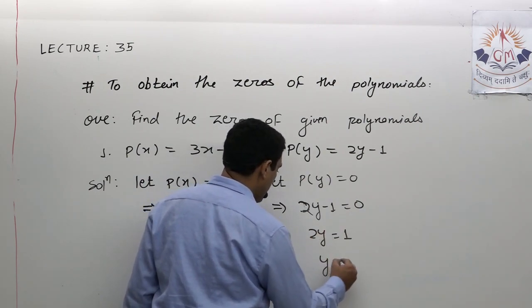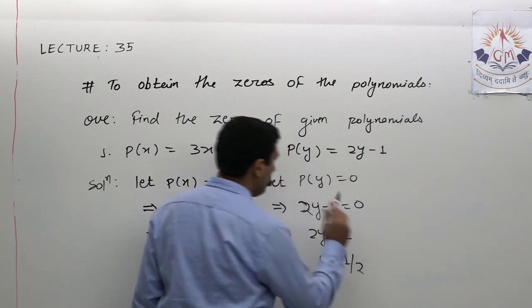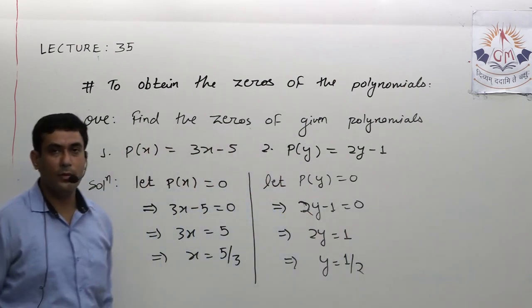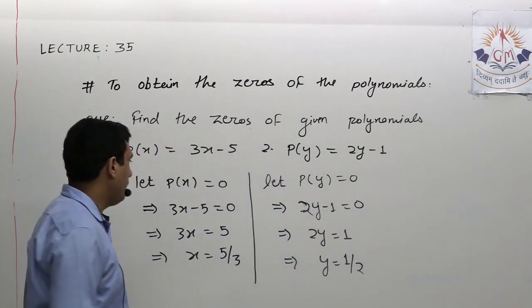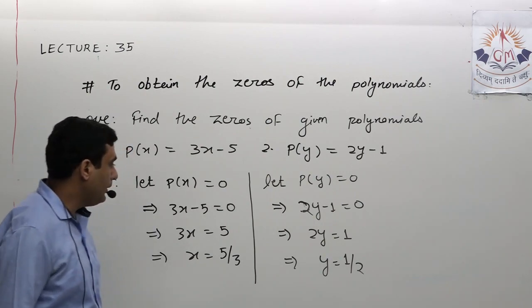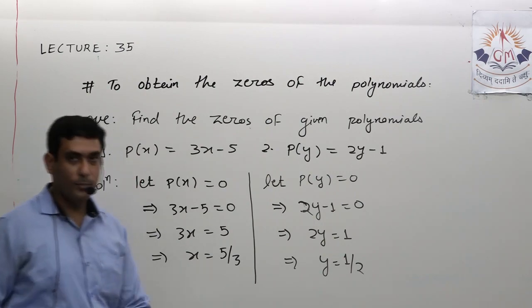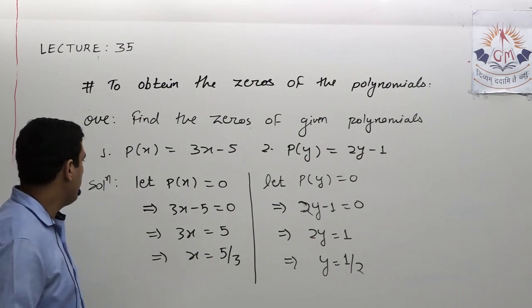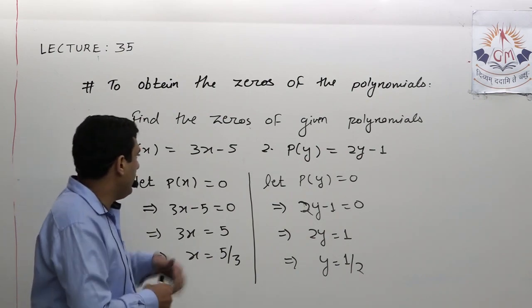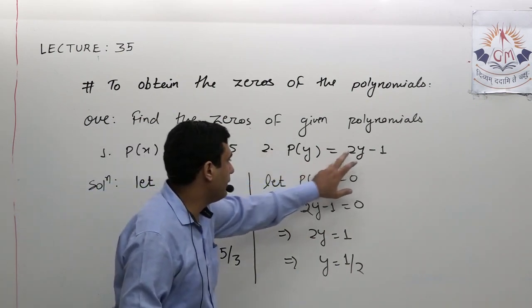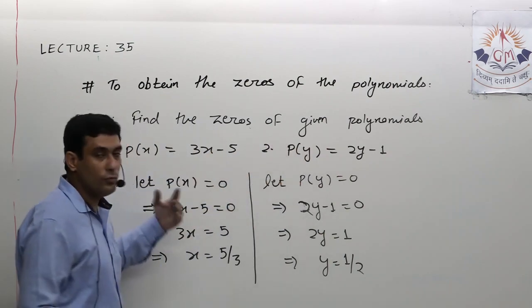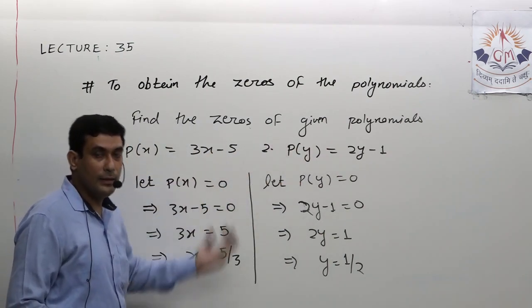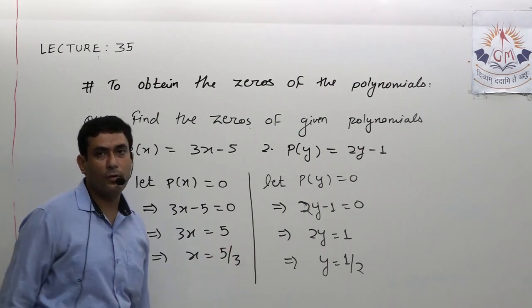So I can say y is equal to 1 by 2. So here y equal to 1 by 2 is the 0 of the polynomial. Okay, so please note it down, then we'll see some more examples. See, here the polynomial I took is linear. Here again it is linear. So first we'll see how to find the 0 of the linear polynomial, then we come to the quadratic polynomial.